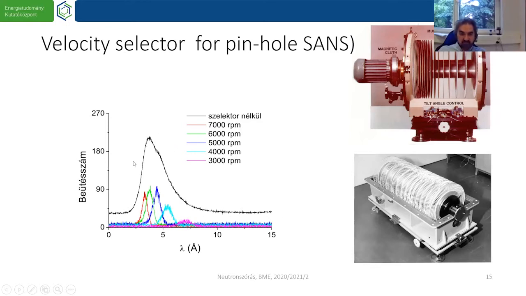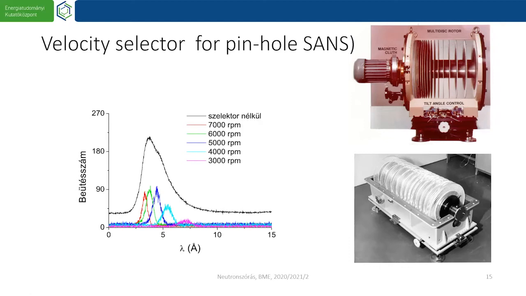And this upper black curve is the neutron spectrum without any selector. It was taken when the selector was taken out. Theoretically, this is more or less a Maxwell-Boltzmann distribution of neutron velocities, but it is strongly biased by different factors. Still, the general half-symmetric shape of the Maxwell-Boltzmann distribution can be seen on it.